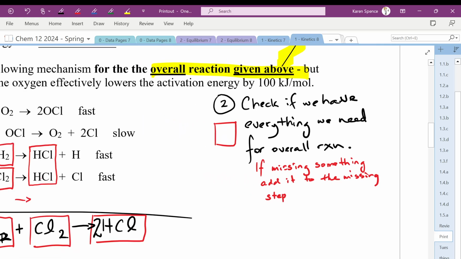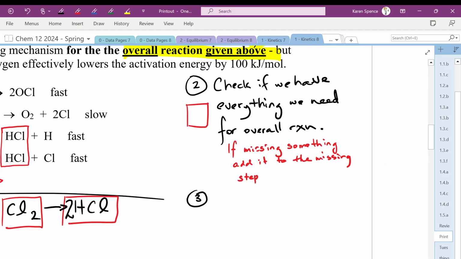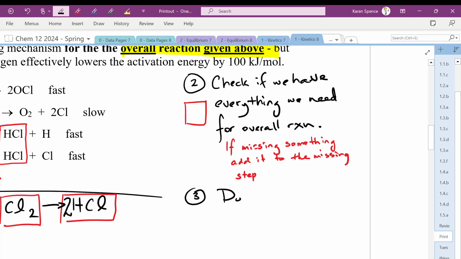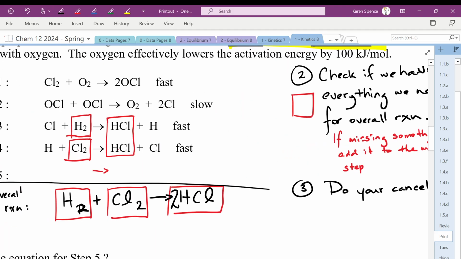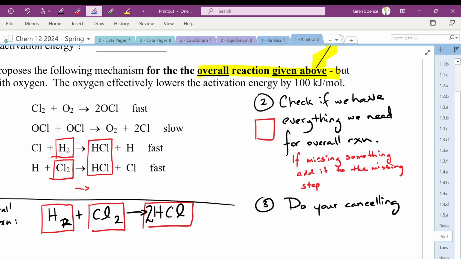Okay, so we're not missing anything though, so we don't need to write anything. Third thing we're going to do is cancel anything that will cancel. Do your canceling. So we go over here and I have 2 OCls on the right-hand side.